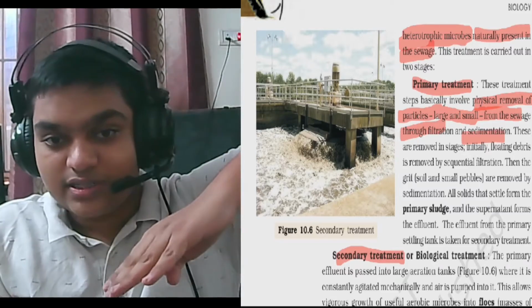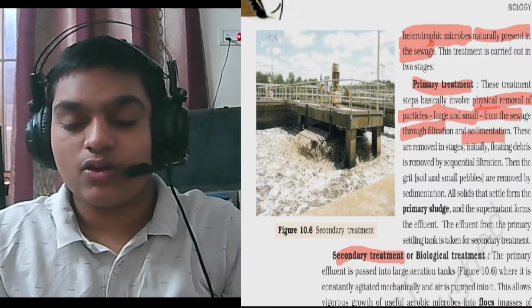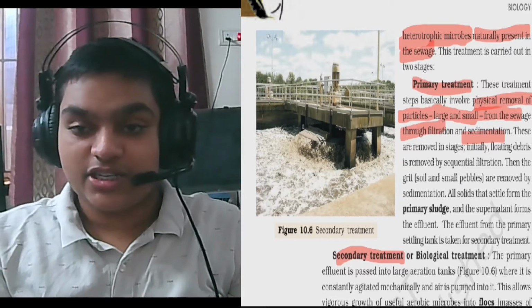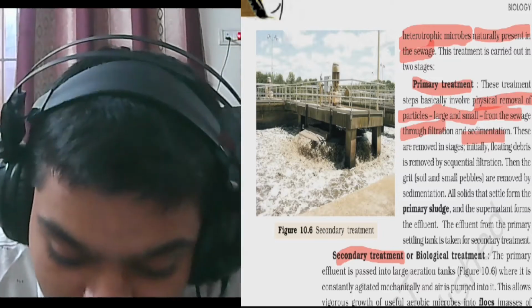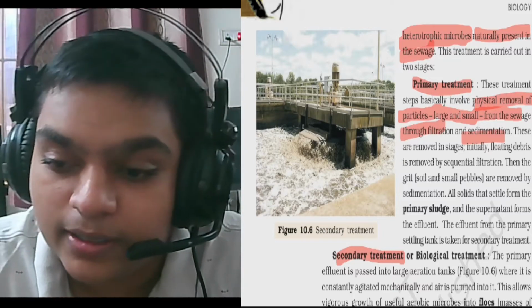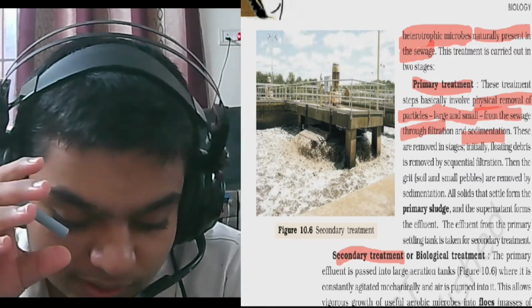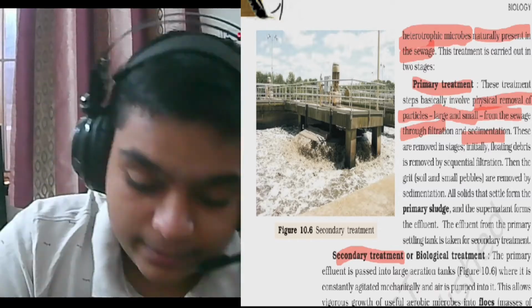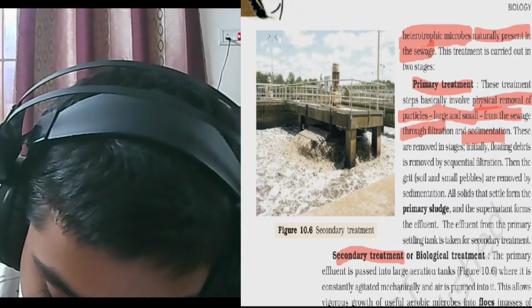This cleared sewage flows into a tank, where it is allowed to settle down, and this is called sedimentation: heavier particles move down and lighter particles up. After sedimentation is done, the water which we get is called primary effluent.